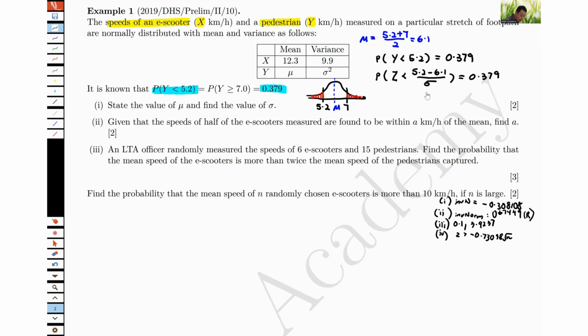This value we can simplify nicely, and on the right-hand side, we go for the inverse norm of this number. The inverse norm will give me this value, and you can then solve for your sigma, which we will get as 2.92.